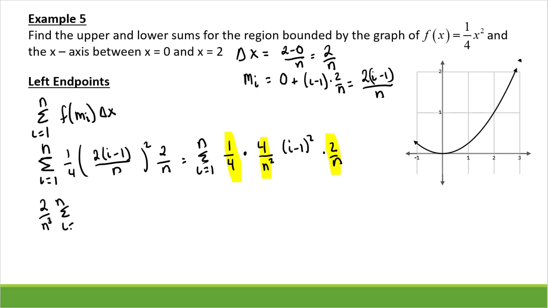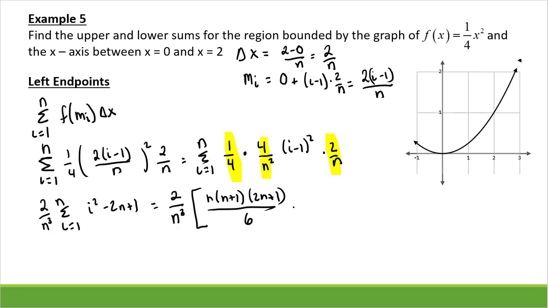And using all those crazy formulas from the very beginning, I'll write them out for you, but I'm not going to go through all the work of simplifying. The i squared formula is n times n plus 1 times 2n plus 1 over 6, minus 2 times the formula for i, which is n times n plus 1 over 2, and then plus an n.